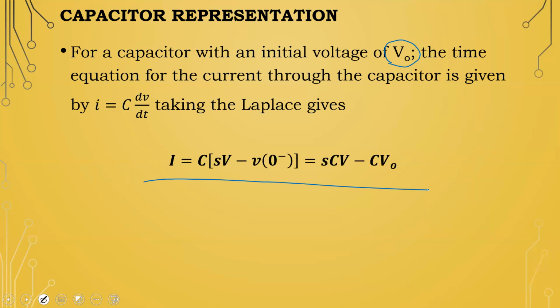So we'll get I equal to C into sV minus V at 0 minus, or in other words, the initial voltage.